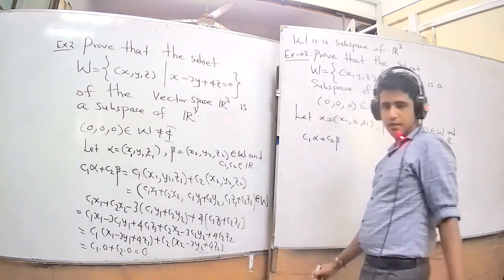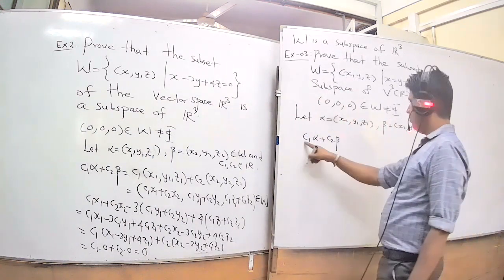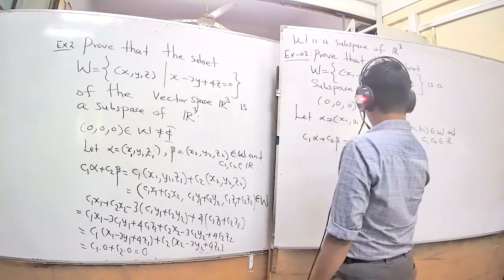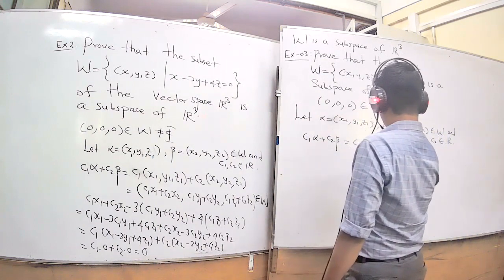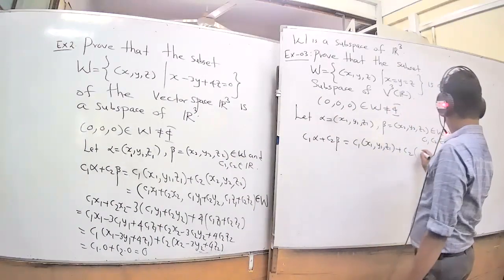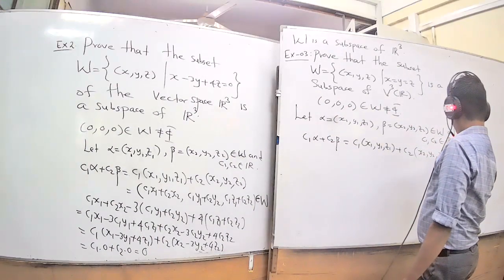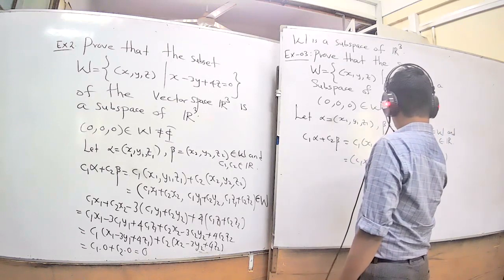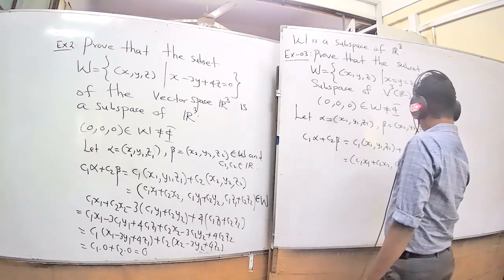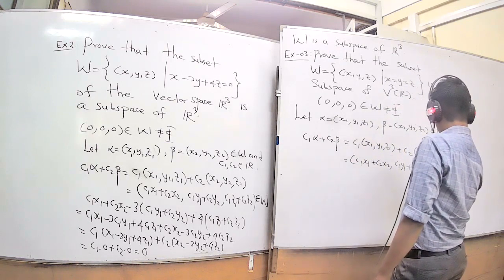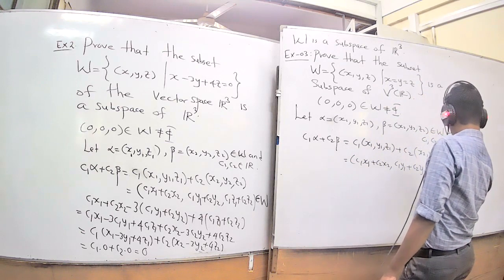Your claim is you want to show that this belongs to W. So it is (c1 x1 plus c2 x2, c1 y1 plus c2 y2, c1 z1 plus c2 z2).